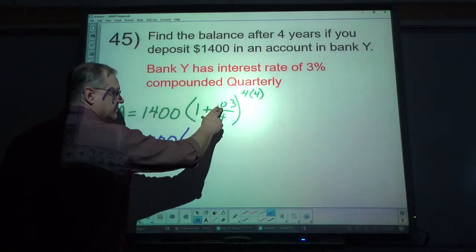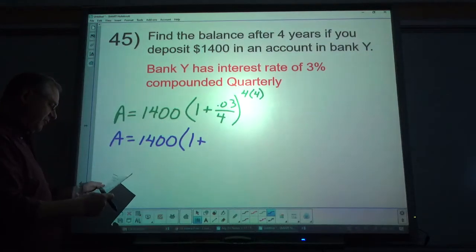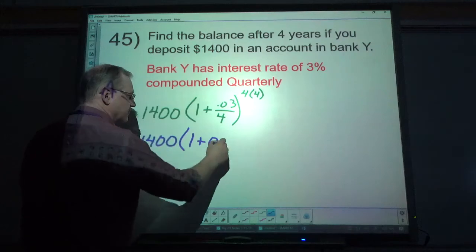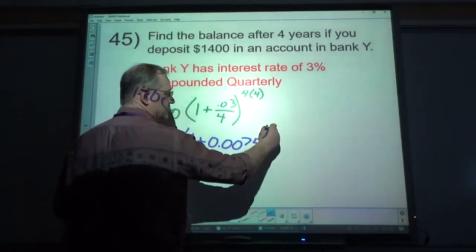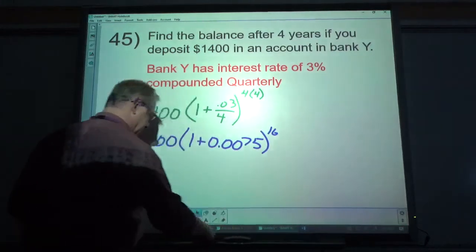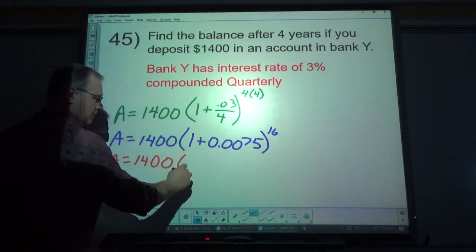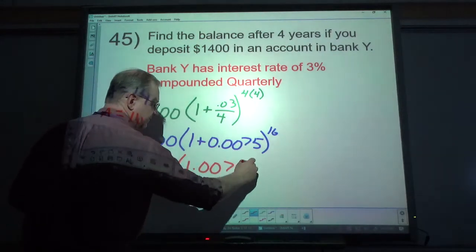Now I'm going to do this calculation here first. 0.03 divided by 4 is 0.0075. And 4 times 4 is 16, obviously. 1.0075 to the 16.